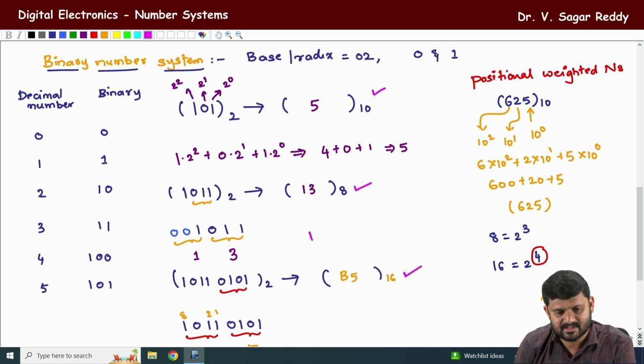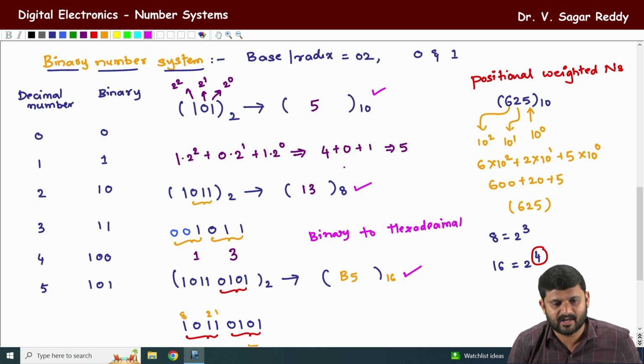So this is binary to hexadecimal, this one binary to octal, binary to decimal.